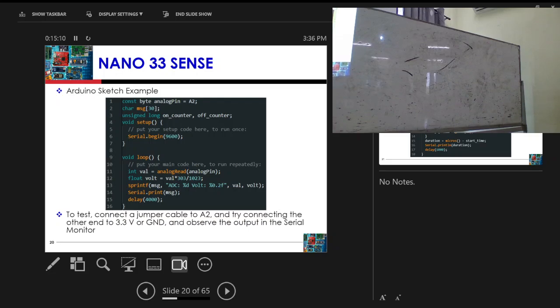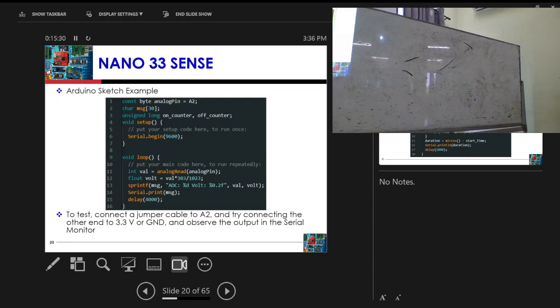I know you guys know what this means. Forget about it. It's 3.3. So I take the value times 3.3. It just means I'm converting that value to a voltage value. And then I divide that by 1023.